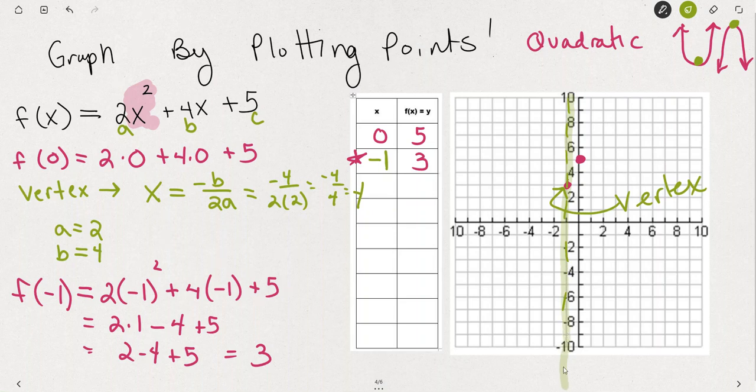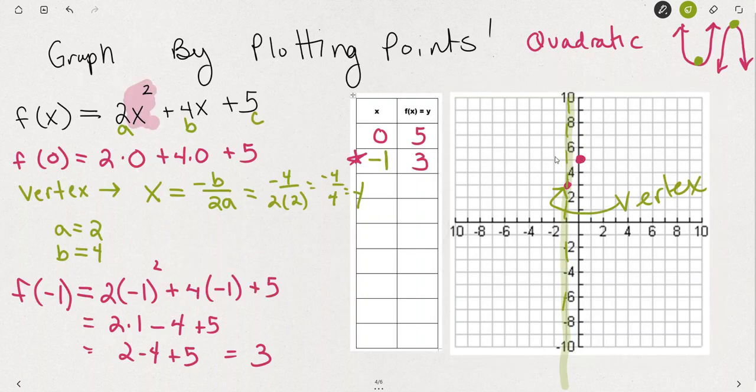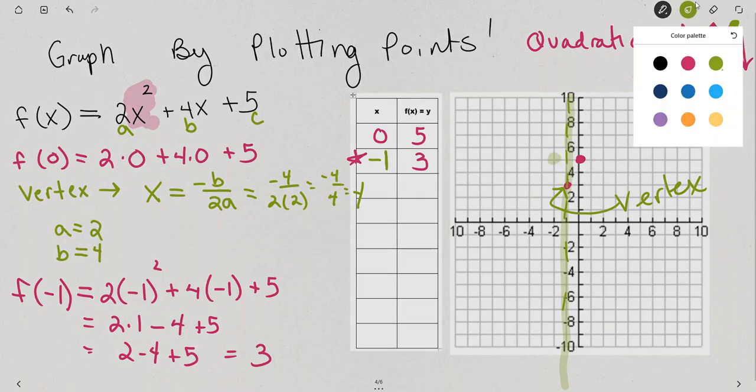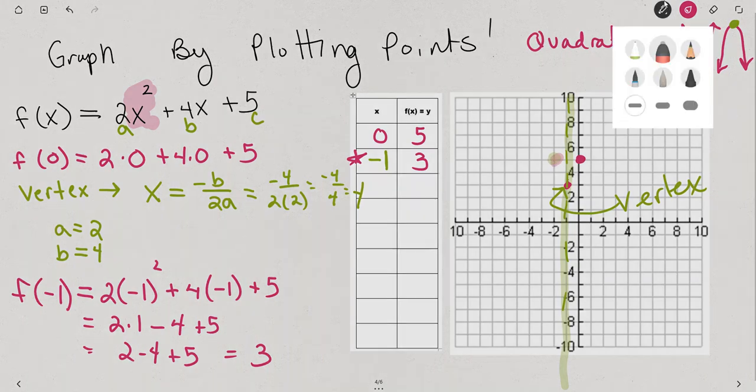We call it the axis of symmetry. And what happens is if I have this point here at 0, 5, then I know I also have a point over here to the left of the axis of symmetry. So I could plot this point also.